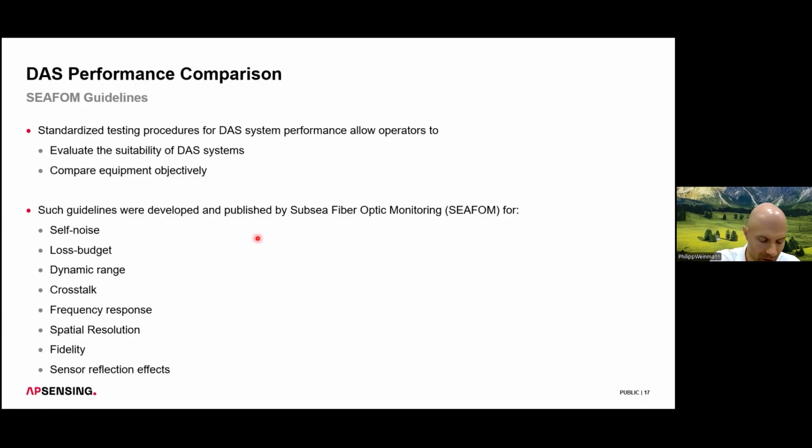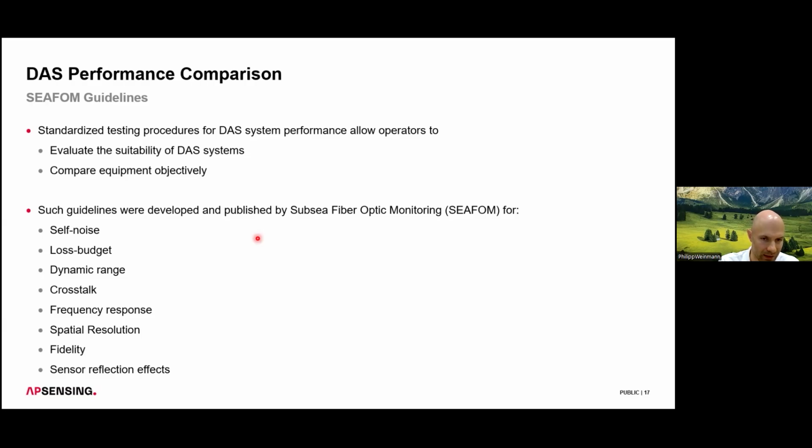So it's important to have standardized testing procedures and to look at the standardized testing results. And for this reason, the SEAFOM organization has published a set of guidelines on how vendors should specify the performance of the DAS systems.